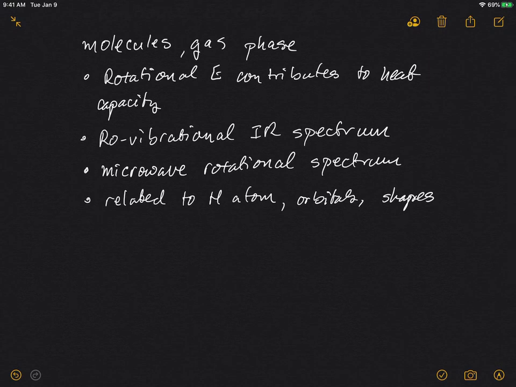So now that we've motivated why we want to study this rigid rotor, now let's consider the physical picture. And we start with a particle on a string picture.